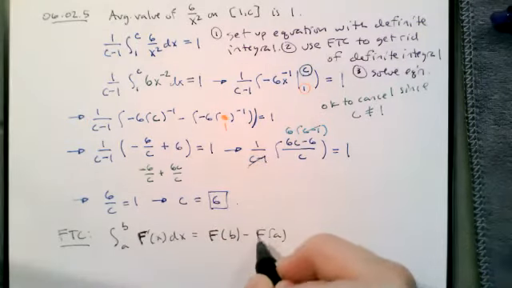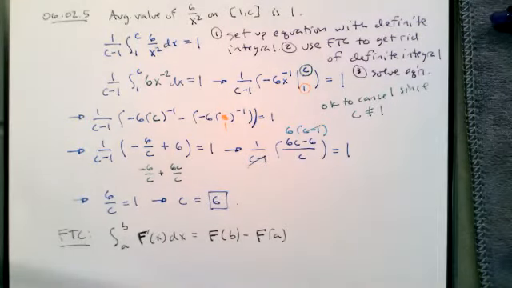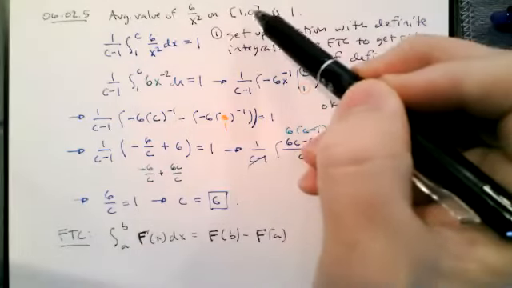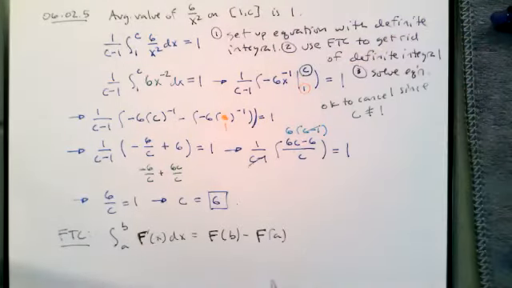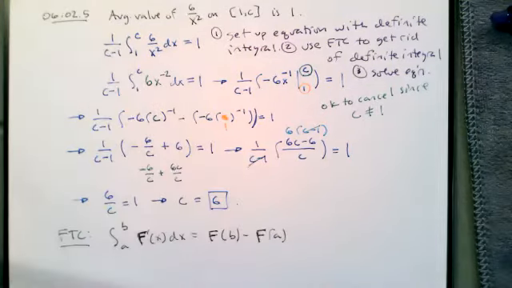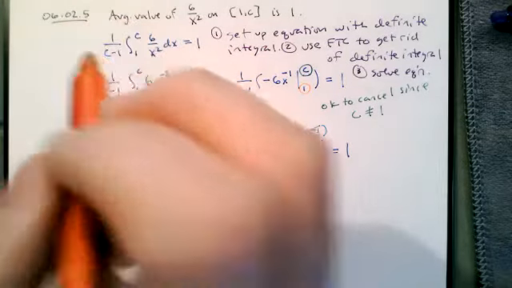So is the 1 over c minus 1 basically delta x? No. 1 over c minus 1 is the length of the interval. That's from the formula for the average value of a function. So for an average, we add everything up and then divide by how much is there. Here we are adding things up, and then 1 over c minus 1 is divide by the length of the interval. That's how we want to think of the 1 over c minus 1.